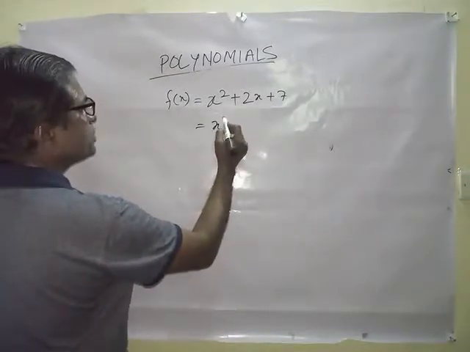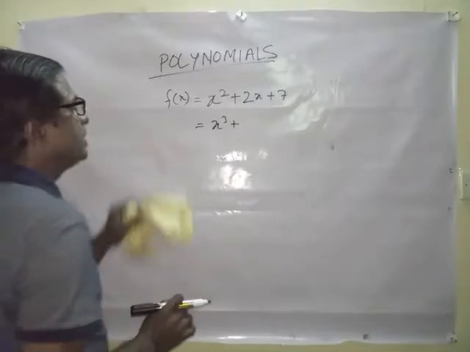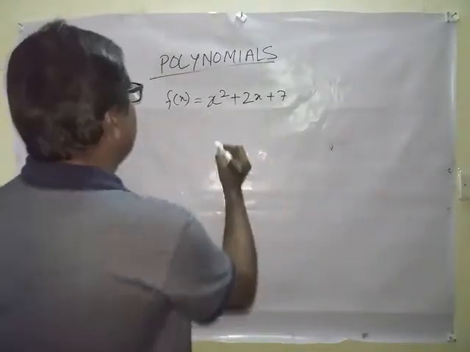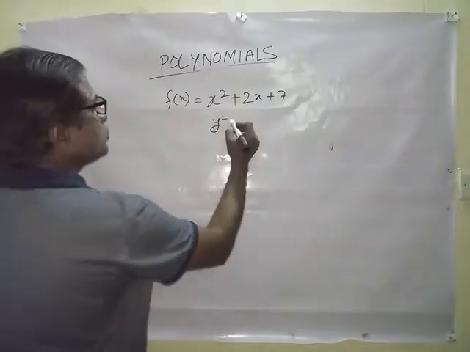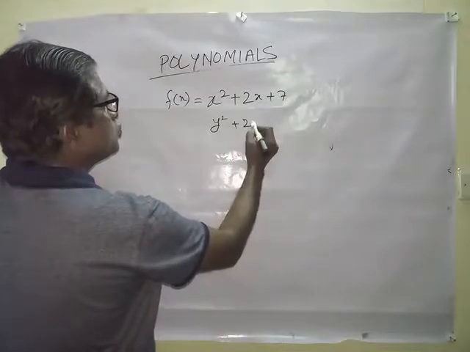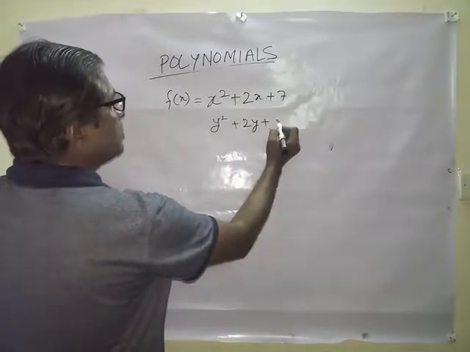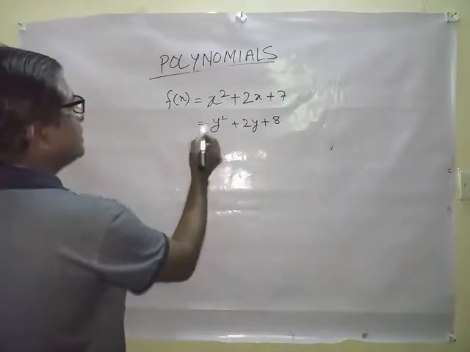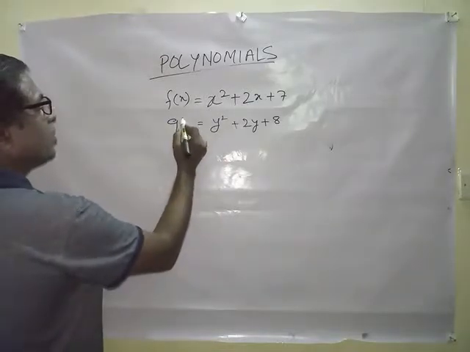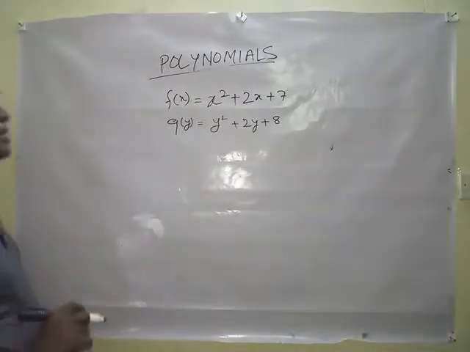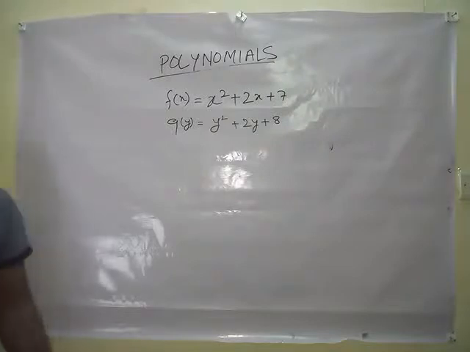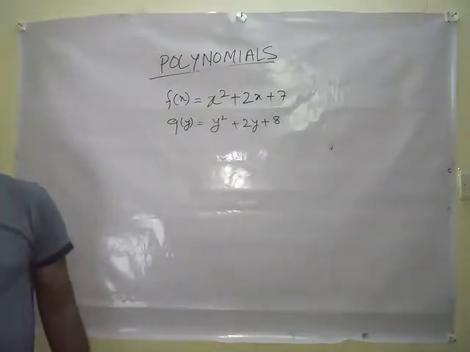If it is y square plus 2y plus 8, that is a polynomial equation of variable y.